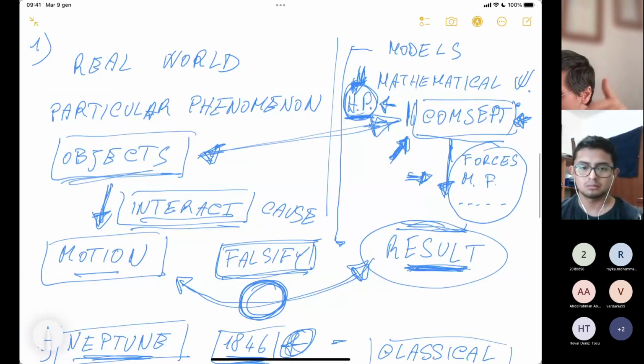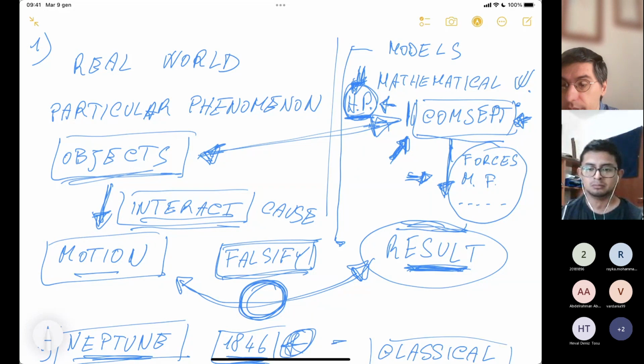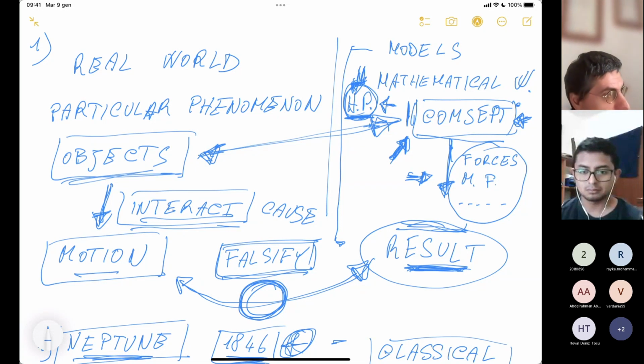So these are always the steps that we have to do in order to consider the models that I will show you.